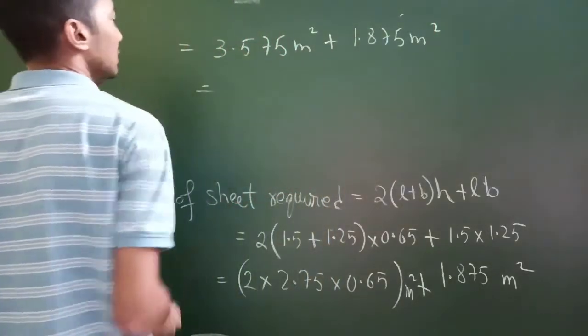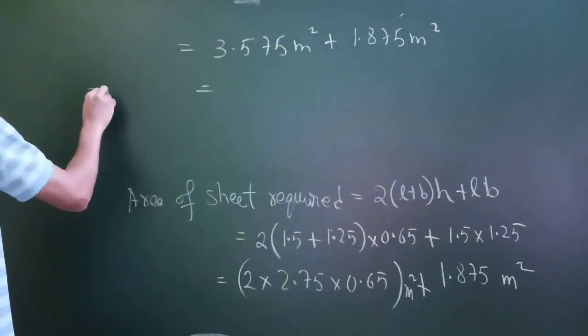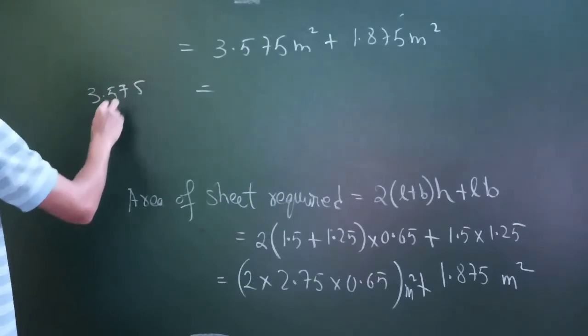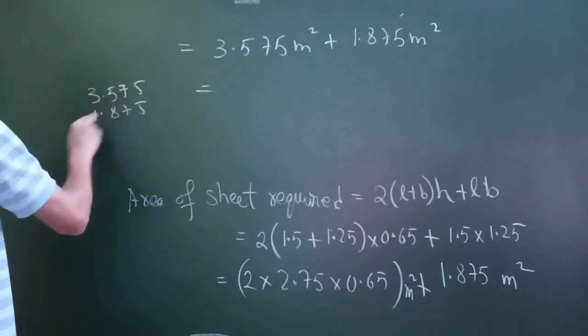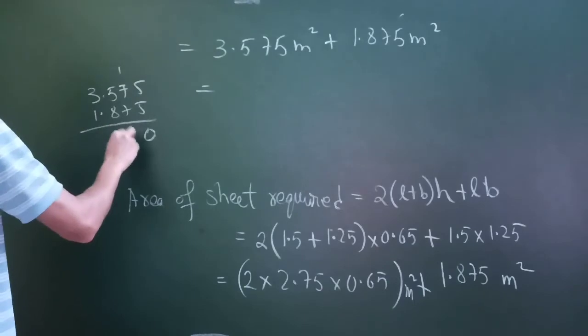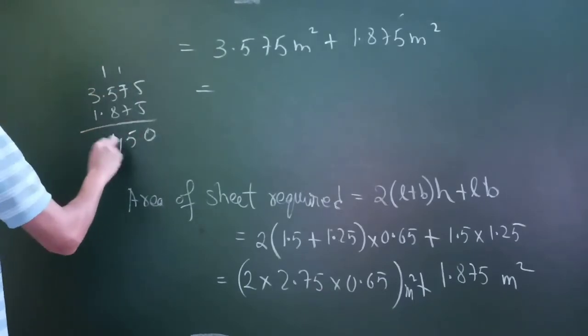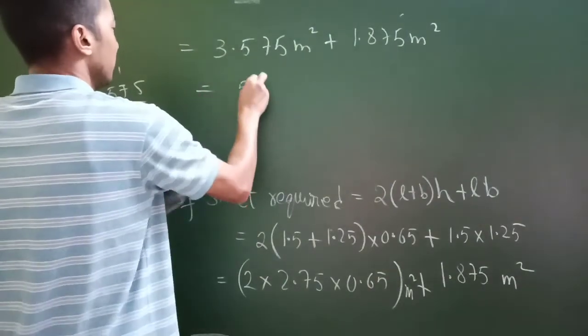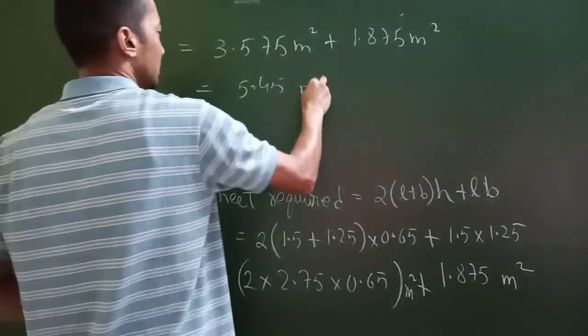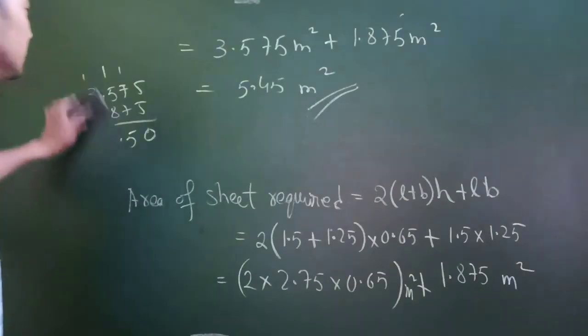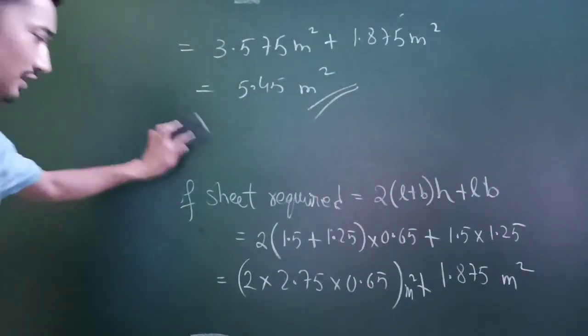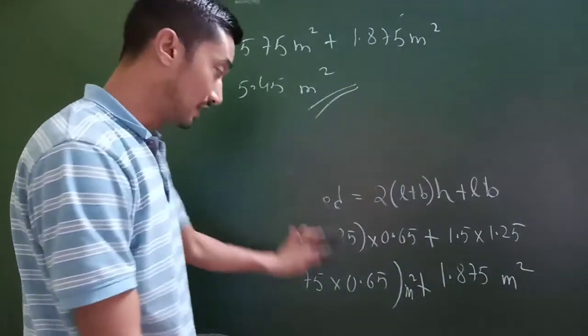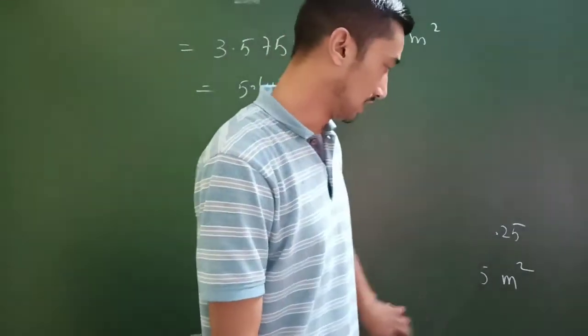If you add this, that's 10, 1 left, 15, 1 left, 8, 9, 14, 1 left, 3, 4, 5. So 5.45 meter square. This is the total area of the sheet required to make the open box.